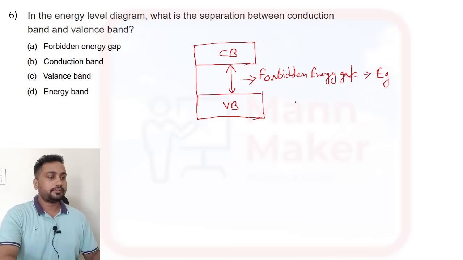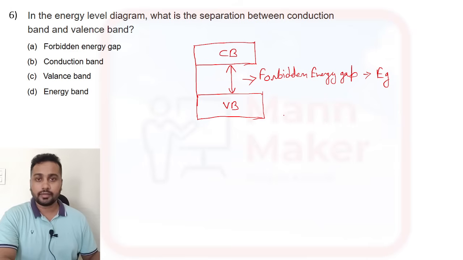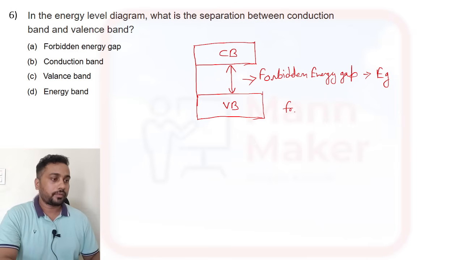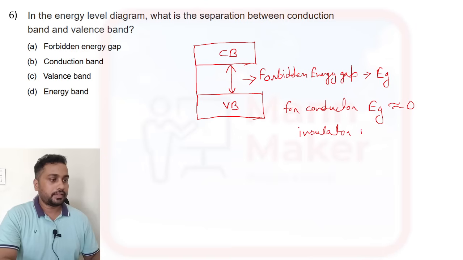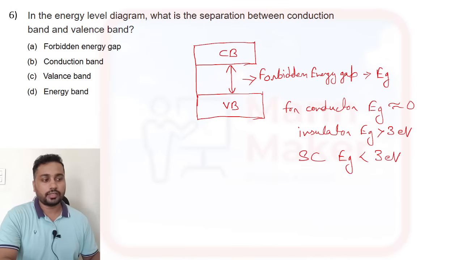All right. Some conditions you have to remember for conductor, insulator, and semiconductor. For a conductor, the forbidden energy gap Eg is approximately 0. For an insulator, Eg is greater than 3 electron volt, and for a semiconductor Eg is less than 3 electron volt.